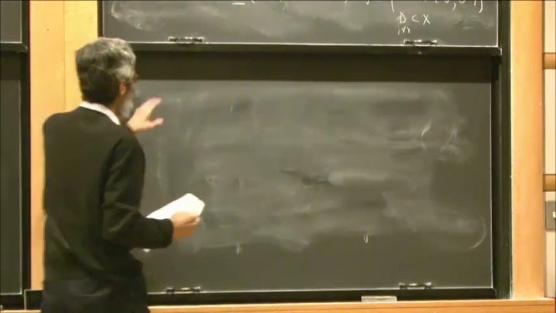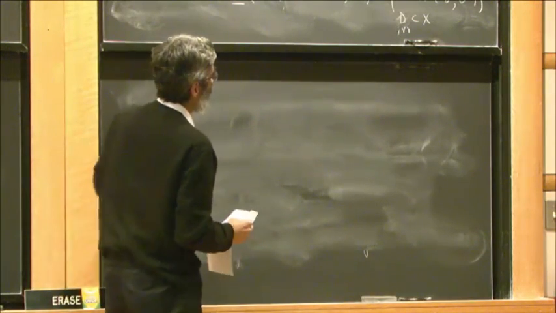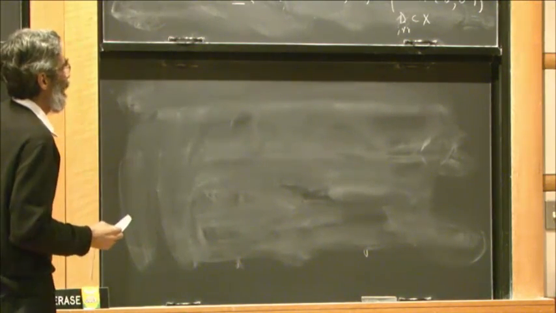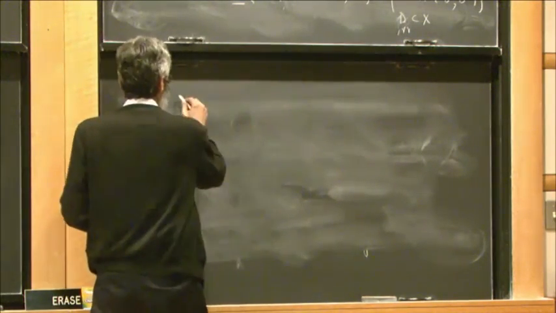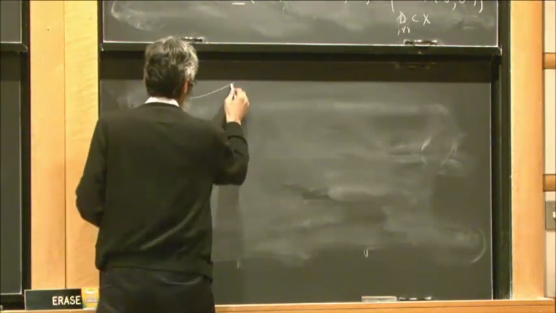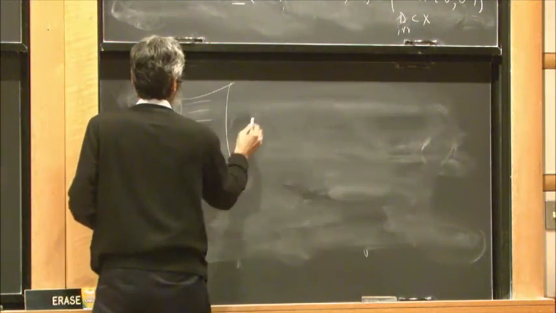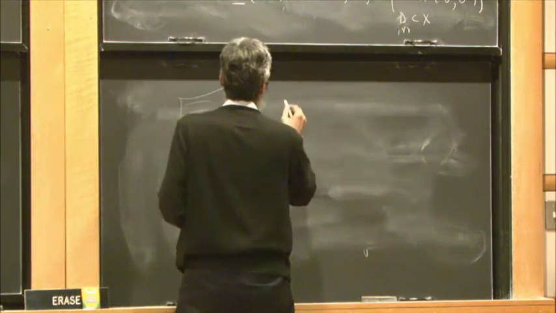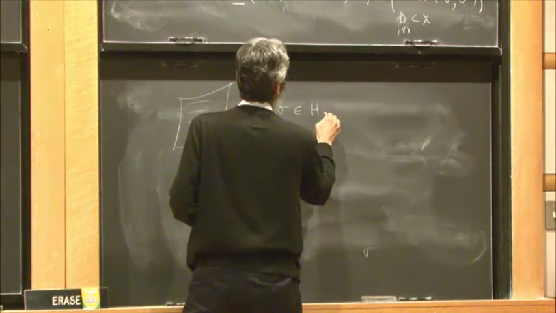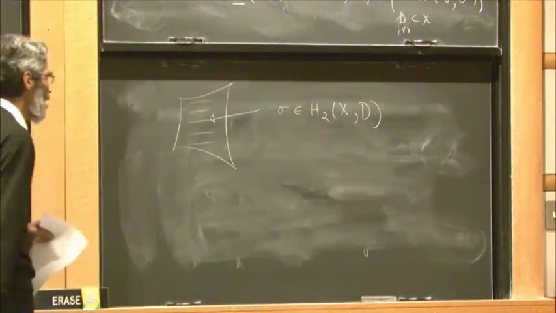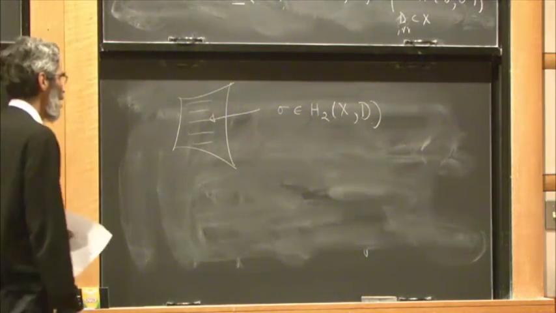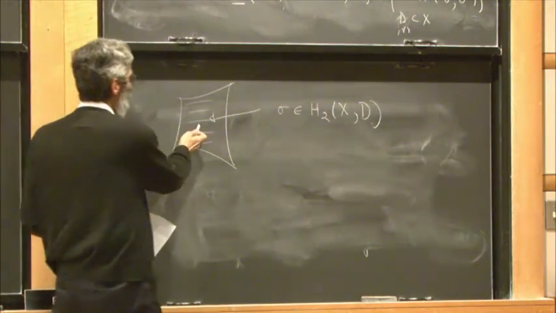You might ask, how large is this image? So this, by the way, is really graphic. So what you have is that's your homology class, sigma in H2 xd. By Poincare duality, you have converted it into something that you can integrate on, and then you can integrate a 2-form here.